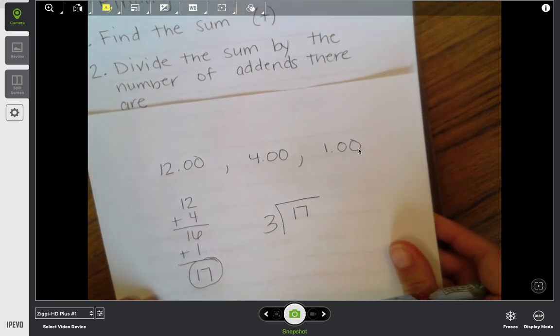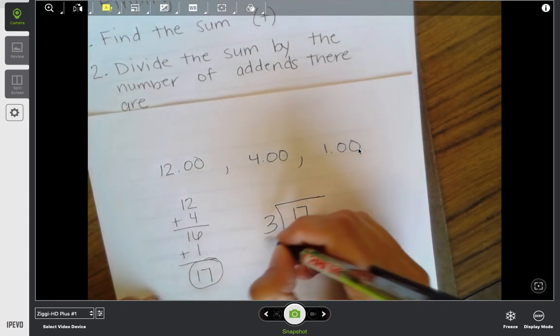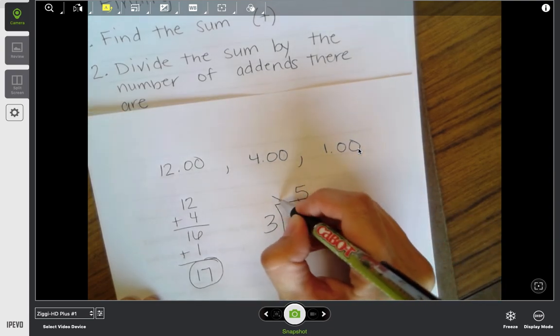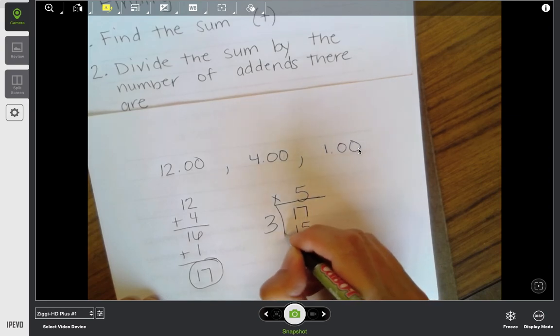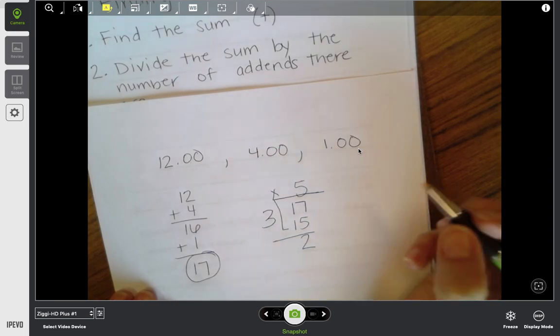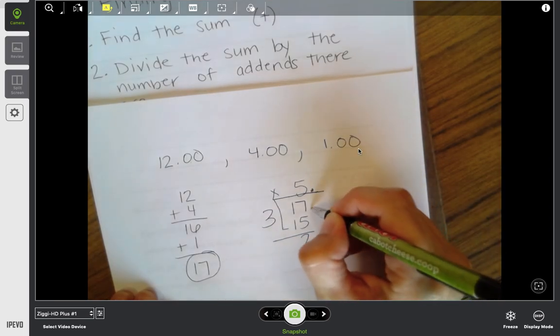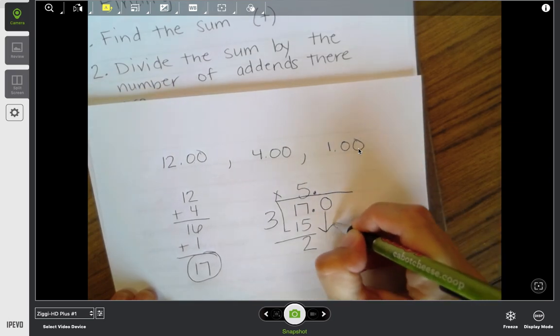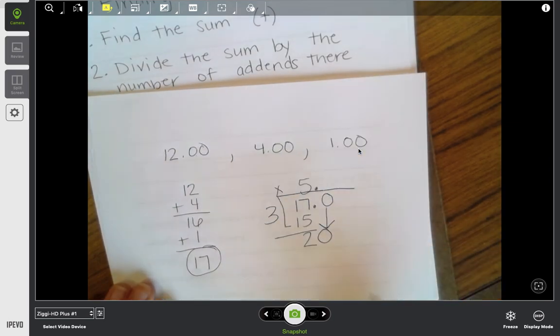Okay. So 3 will go into 17 5 times. 5 times 3 is 15. 17 minus 15 is 2. I know I'm dealing with money, so I can put a decimal and put a 0. I can bring that 0 down, making my 2 a 20.